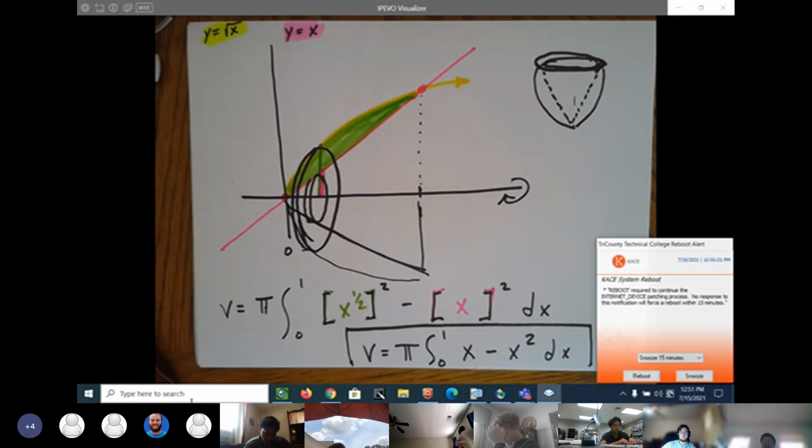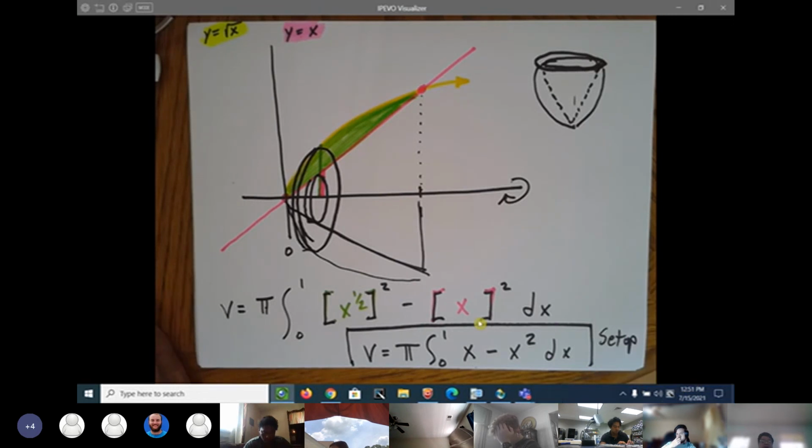Now, does everybody see how important the outside and the inside radius is now? If you don't see it, you're going to see it on the next problem.